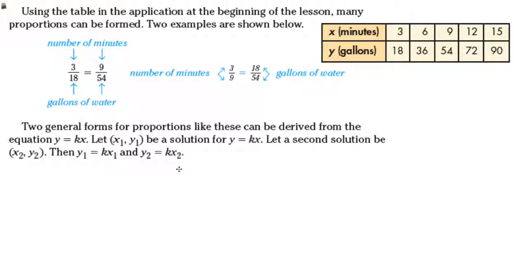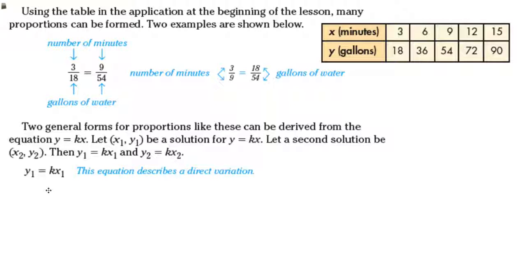Now, knowing that these are all equivalent, we can use the equation y sub 1 equals k x sub 1, which describes a direct variation equation.